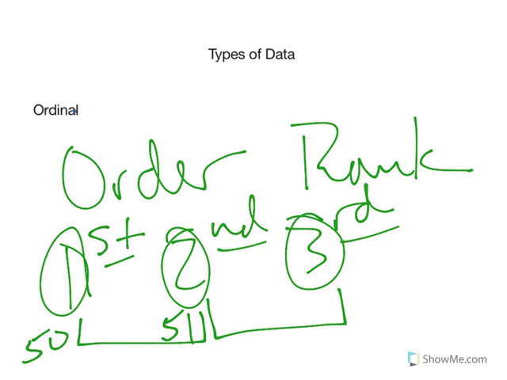And this third guy finishes in 138 minutes. The distance from here to here is 1 minute, but from here to here is a whole lot more. So even though these numbers go 1, 2, 3, that doesn't mean there's the same amount of spacing between them. And that's the critical limitation of ordinal data.